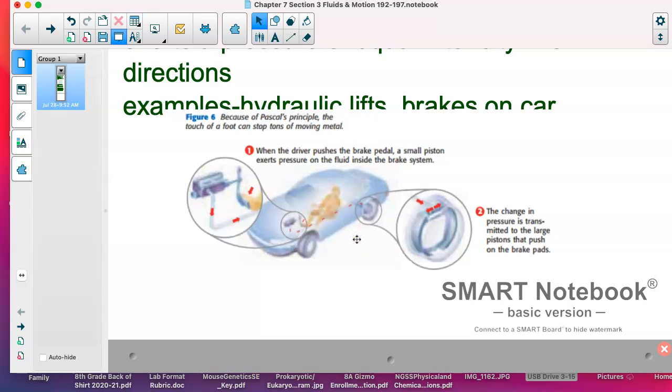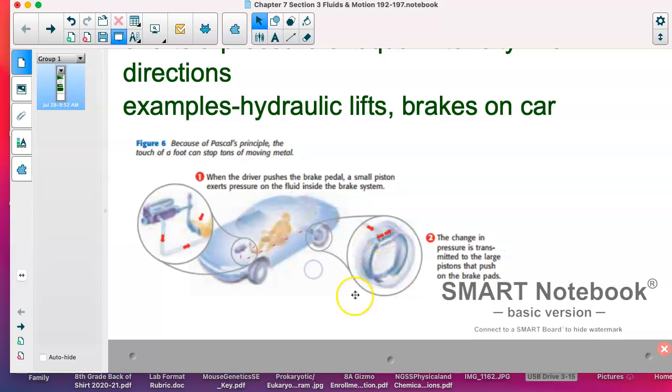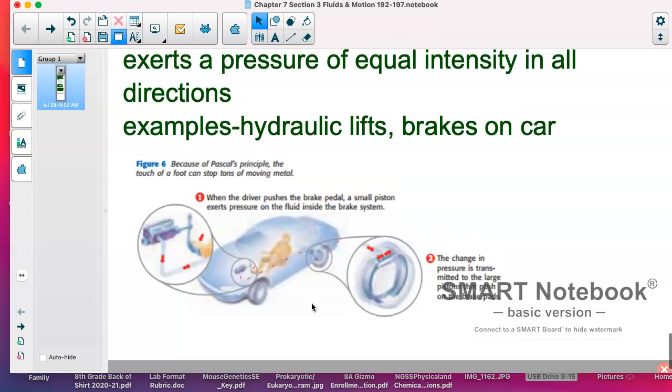So everything is being exerted so that not just one wheel has the brake being applied, all of them do. And that's obviously a safety thing too, because you don't want to have the front only working or the back only working. Maybe you've experienced that on your bike before. If you only use one of the brakes, that can be pretty dangerous. So we use this to help things exert that pressure evenly.